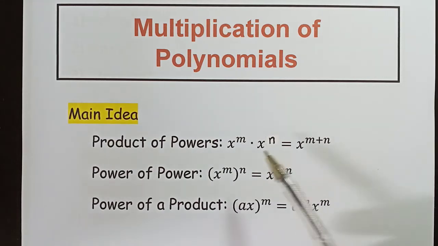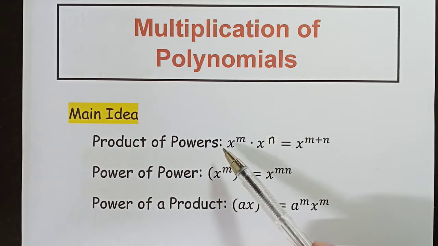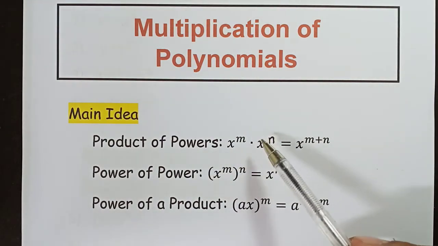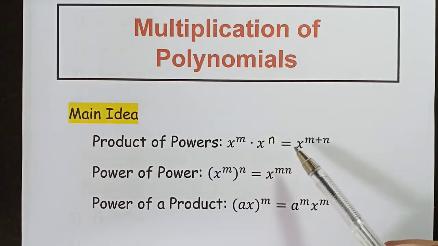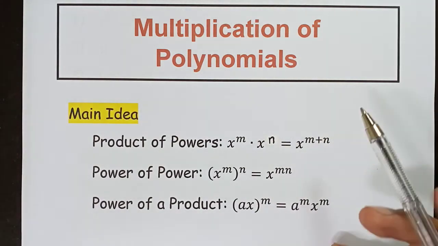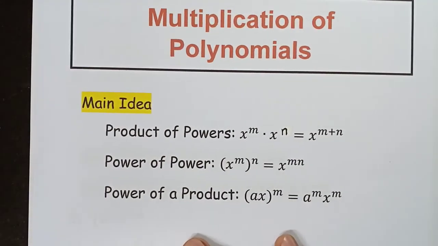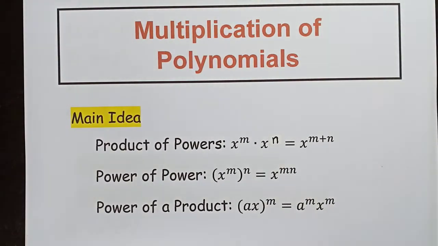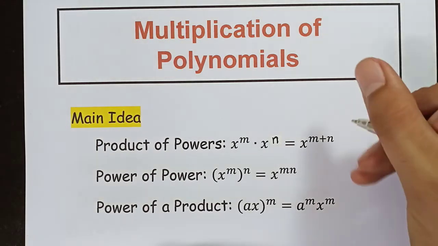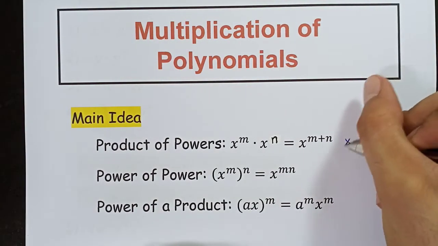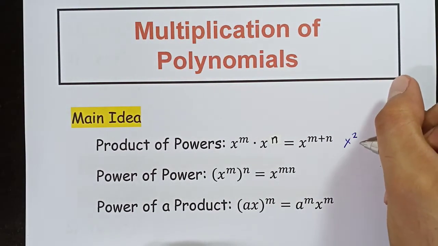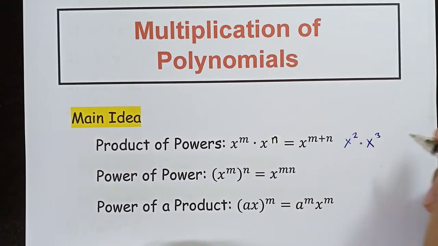It's simply stated that if we have variable x raised to m times x raised to n, the product will be x raised to m plus n. Let's have an example. Let's say we have x squared times x cubed.